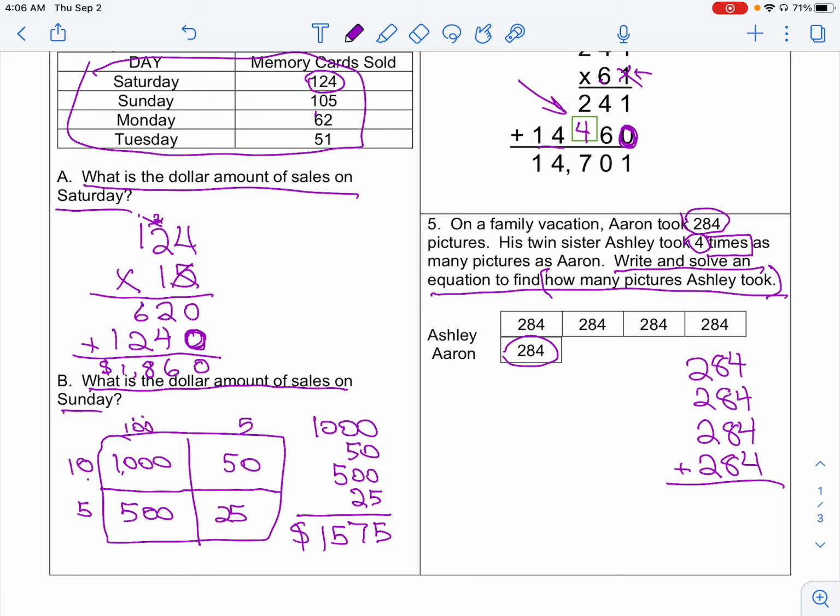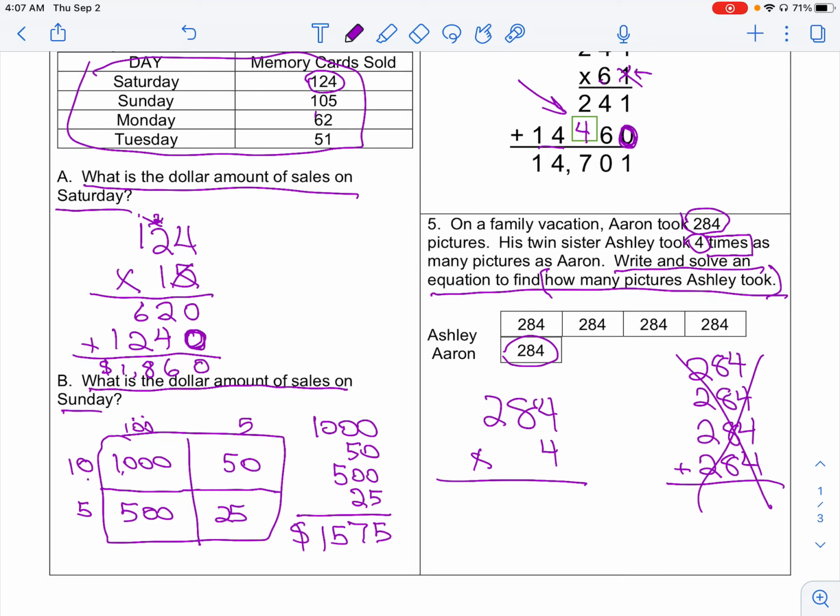Multiplication is repeated addition, it's adding the same number over and over. But we don't do that because that is so 4th grade or 3rd grade. Okay? We multiply. So 284 times 4.